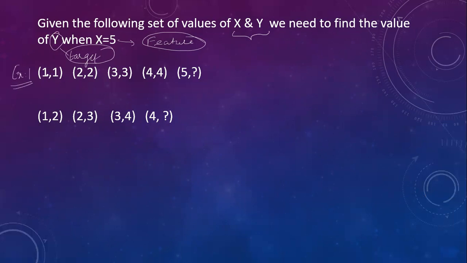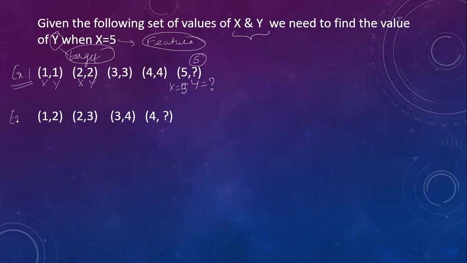See the example in number 1. This is the x value and this is the y value. If x is equal to 1, y is also 1. Same way, for the second sample, x is 2 means y is also 2. That way it follows. So what will be the value of y when x is equal to 5? This was the question. So it's 5, right? Not so difficult.